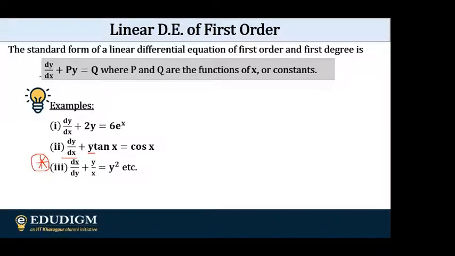Though it's not looking like the standard differential equation here, as you can clearly see, the dynamics has actually been reversed here. Initially, we were treating y as the dependent variable and x as the independent variable. But in this case, as you can see, we are talking about dx/dy. We are taking x as the dependent variable and y as the independent variable. So that is the dynamics that we are having here.